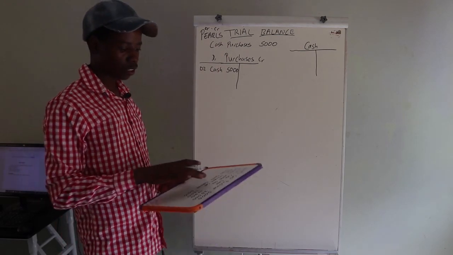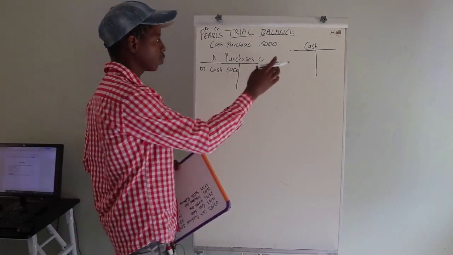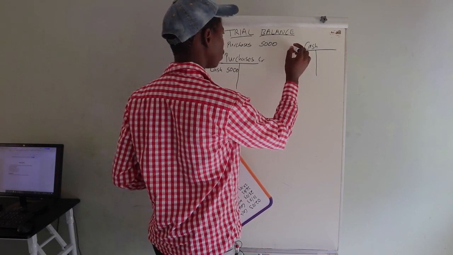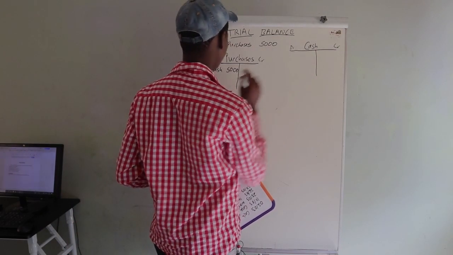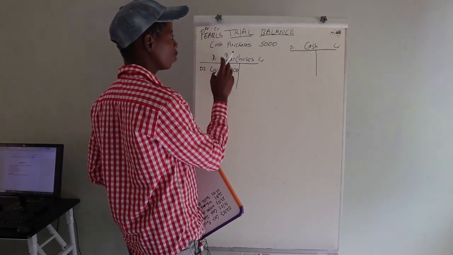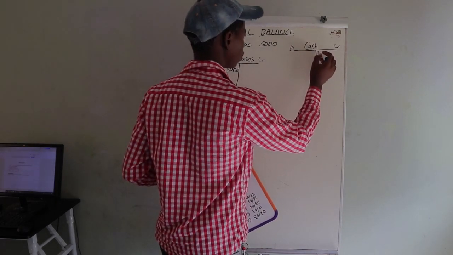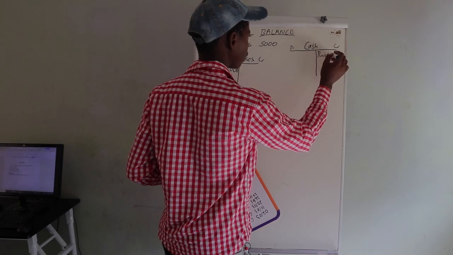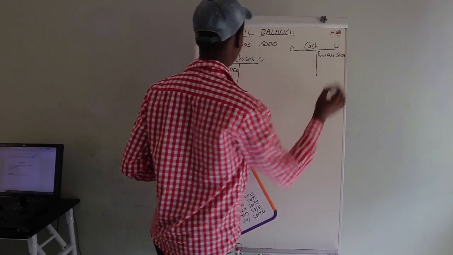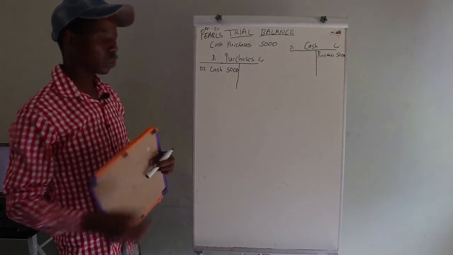Since we debited purchases here, now we're going to credit cash here. So cash, 5,000. Now the transaction is complete.